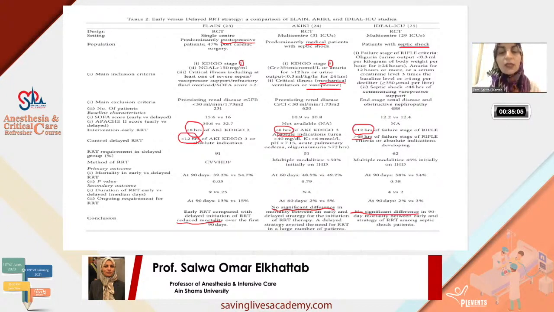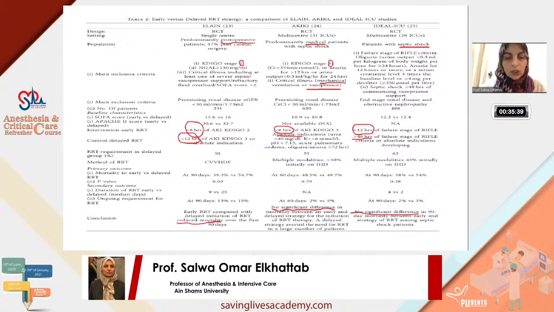The other one considered 6 hours early, and late meant there was an urgent indication to start RRT. The last study used less than 12 hours as an early start and more than 48 hours as a late start. The IDEAL-ICU study was conducted in septic patients. It was multi-center once more.